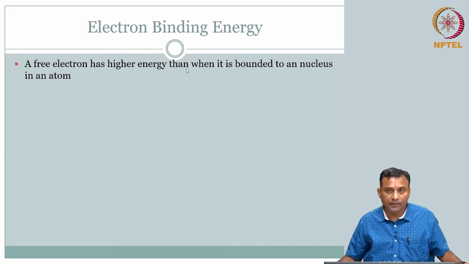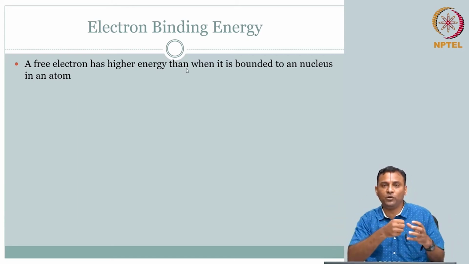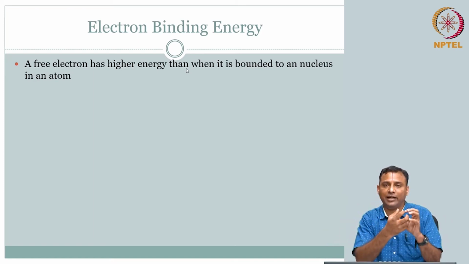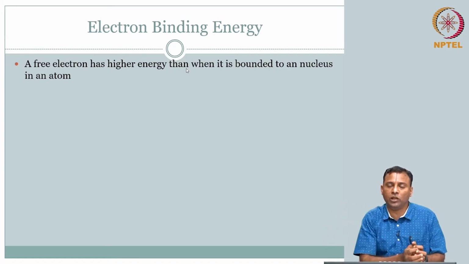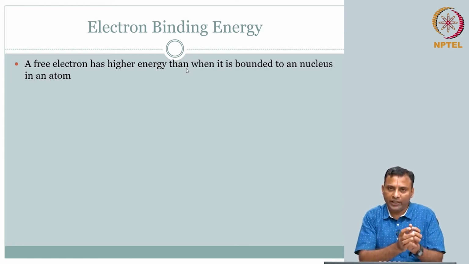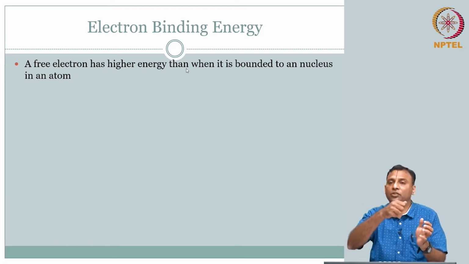You can think about it both ways. If the electron binds itself to the atom and reconfigures itself, then energy has to be sent out in the process so that it goes to the ground state. Or if it is in the ground state, and you give it some energy, then you can free the electron.